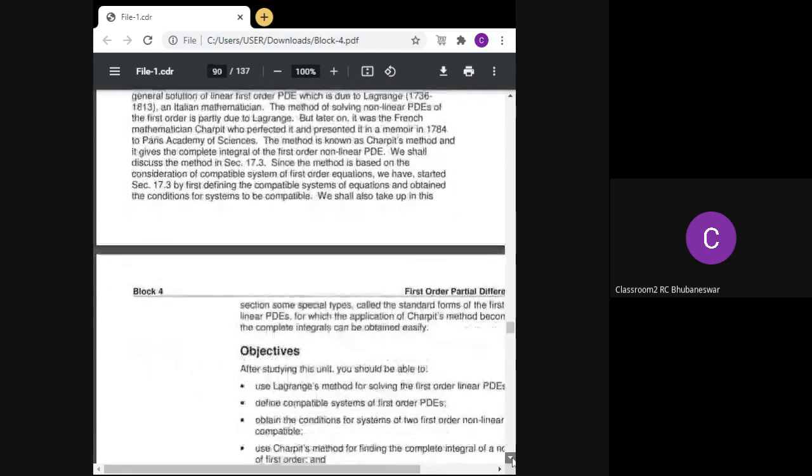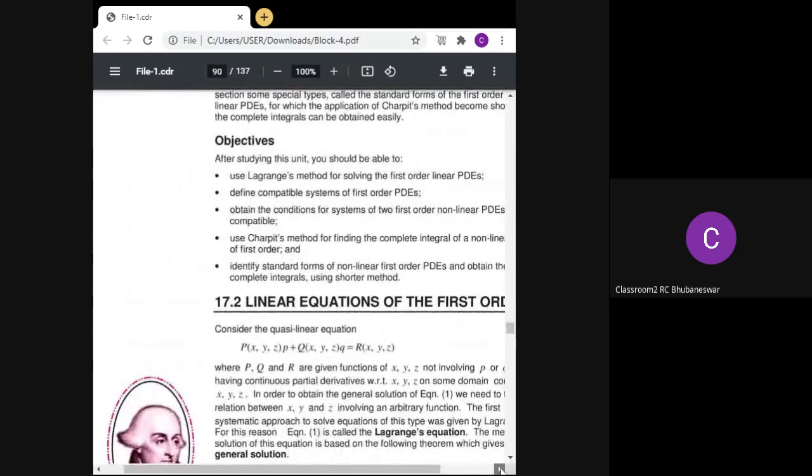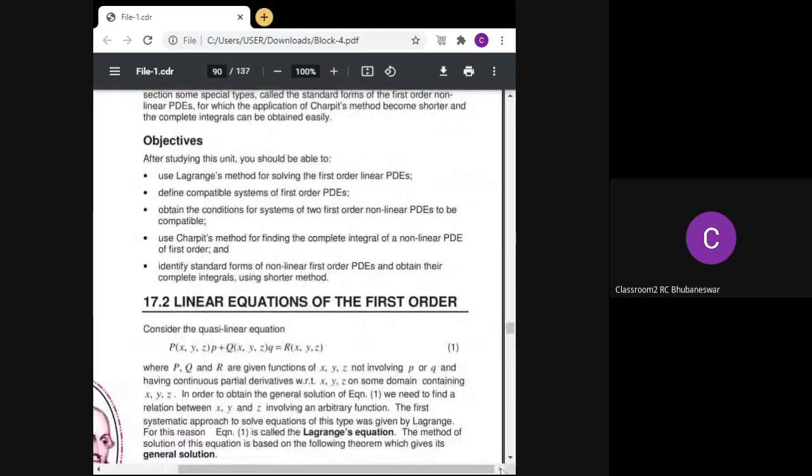On page number 90, we mainly focus on the expression of the linear equation of first order partial differential equation. Here we consider the quasi-linear first order partial differential equation.